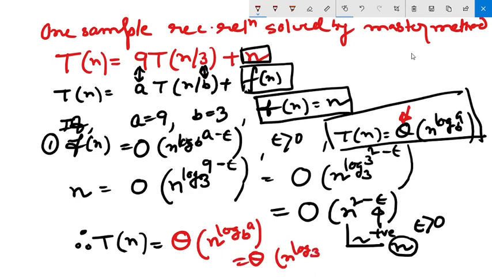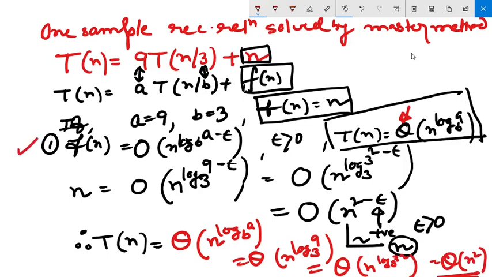B is 3, a is 9, and then finally you can write theta of n to the power log base 3 of 3 square, and then it will become theta of n square. This is the answer. Okay, now if you go with case number 1, theta n square is the probable answer.